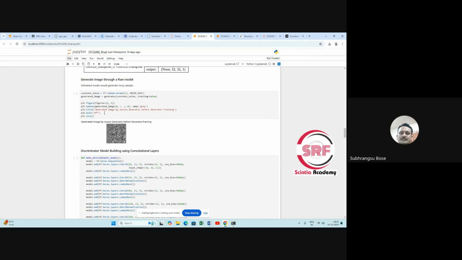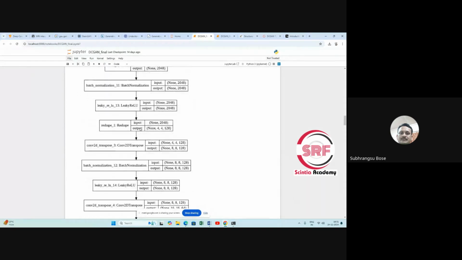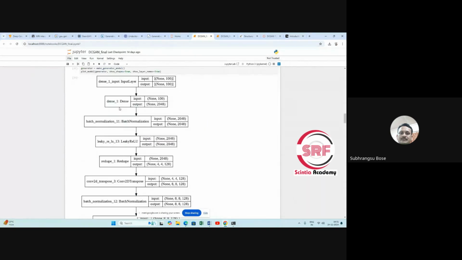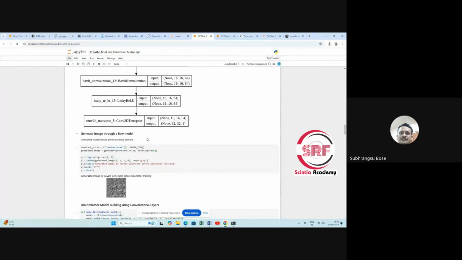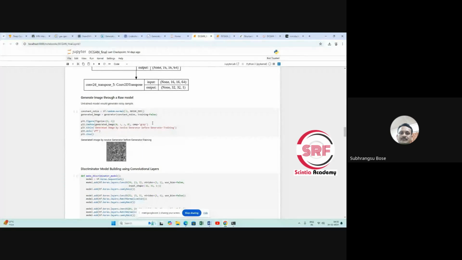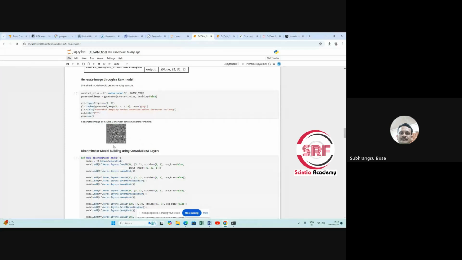In this case, we create a CNN model of generator, but still we can't train the CNN model. That's why if this model is used for a new image, we can find this type of noise image.